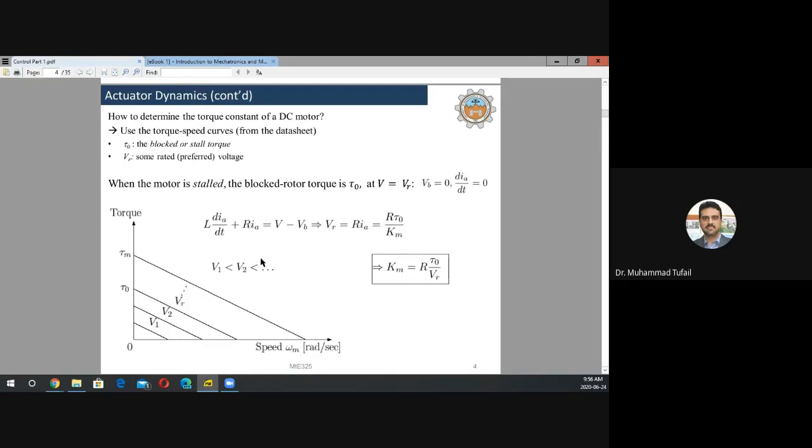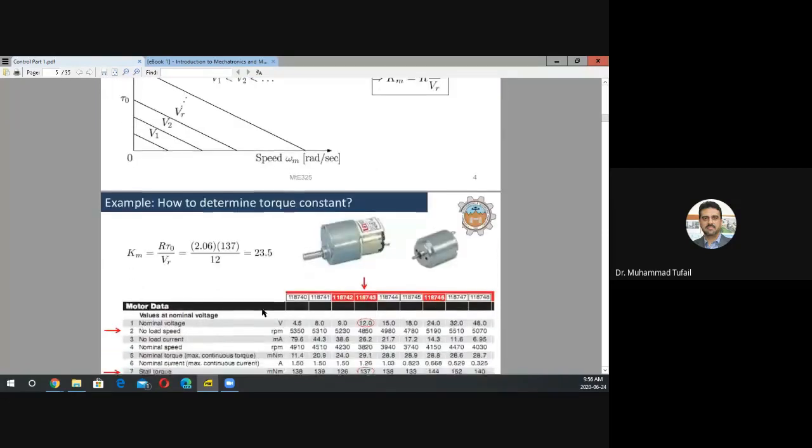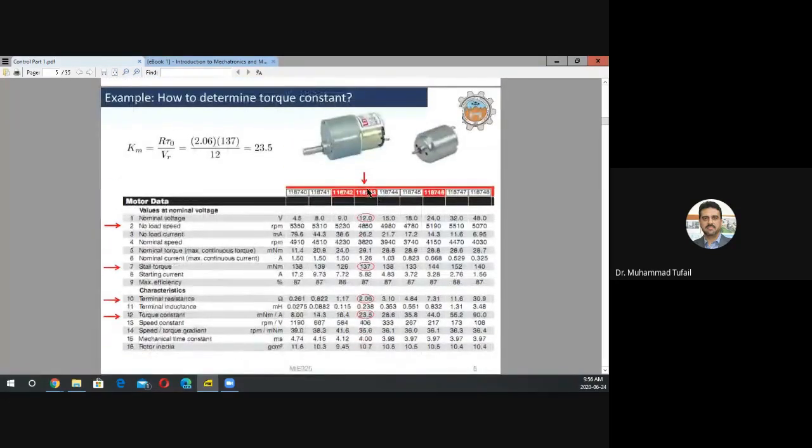Any question on this slide? No, sir. Okay, so let's say this data sheet is given for a certain DC motor. Let's say that the motor model is 118743 in this example, but you can take any motor. There are a few things to notice, the ones that appear in those equations.